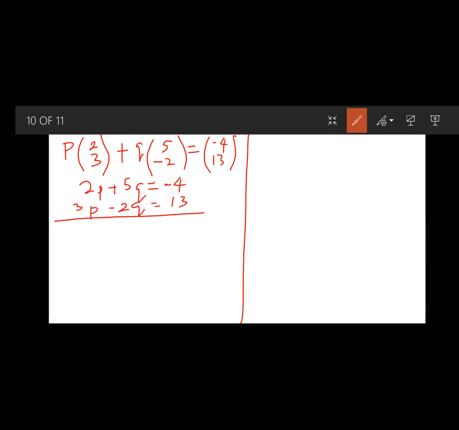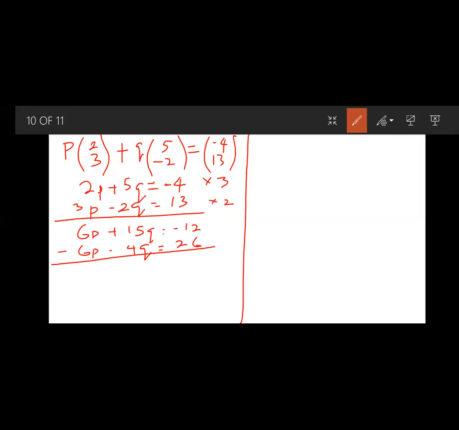If you are eliminating P first, you can multiply this one by 3 and this one by 2. That's the coefficient of P. So we have 6P plus 15Q equals to minus 12. For the second one, we have 6P minus 4Q equals to 26.